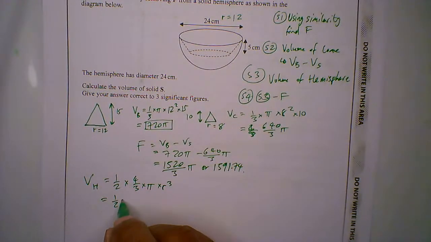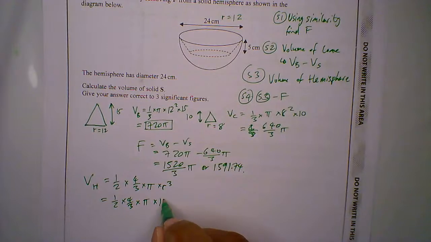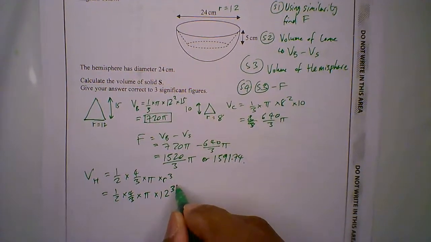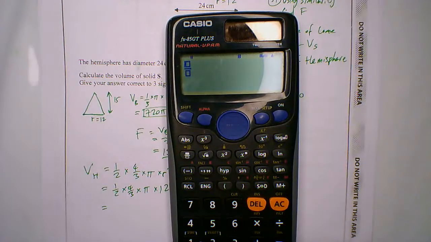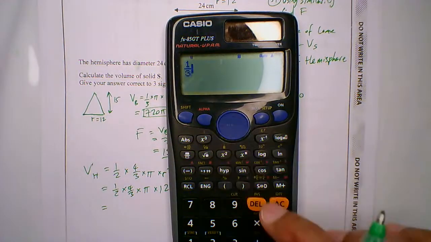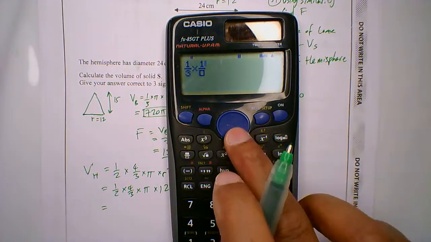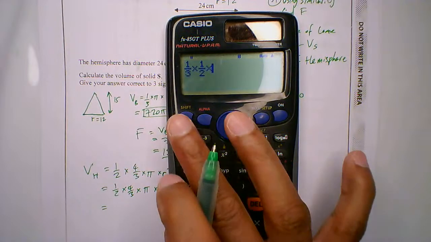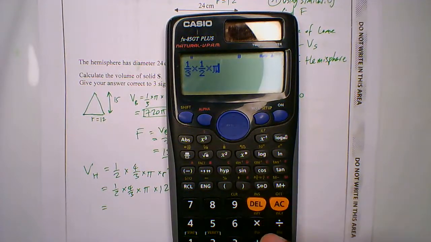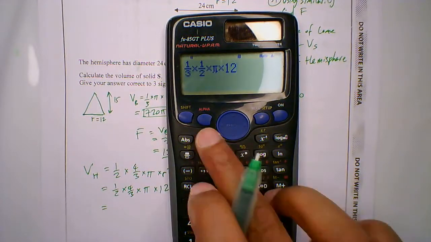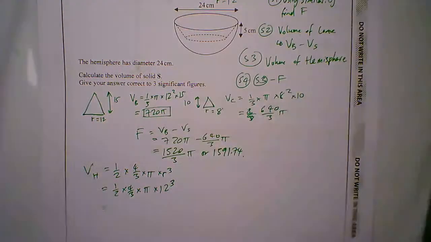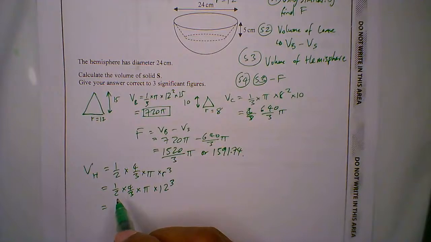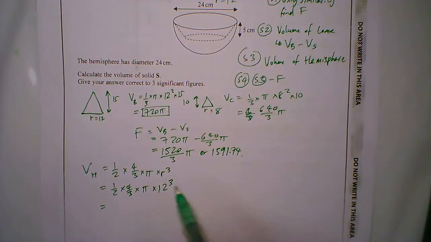So I've got half times 4/3 times pi times 12 cubed. Put this into my calculator, 1/3 times 1/2 times pi times 12 cubed gives me 288 pi. Is that correct?